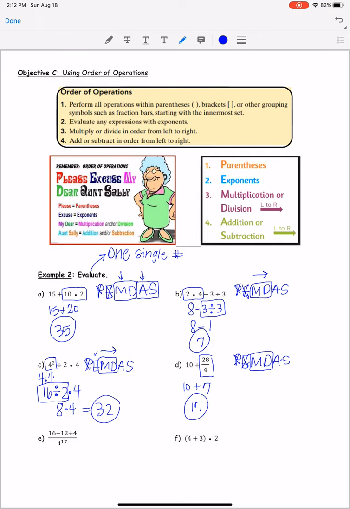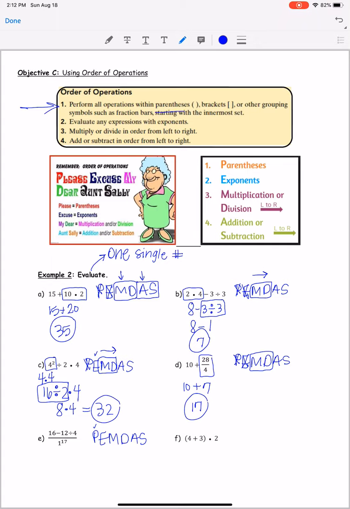On E, when I use that, please excuse my dear Aunt Sally, we usually call this P, parentheses. But notice up here, this is why I use this book, one that's super wordy.